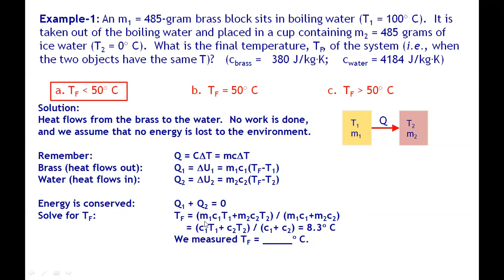So T final equals (M1 C1 T1 plus M2 C2 T2) divided by (M1 C1 plus M2 C2). So if we rearrange again, (C1 T1 plus C2 T2) over (C1 plus C2), and this equals 8.3 Celsius. So the T final will be less than 50 Celsius.